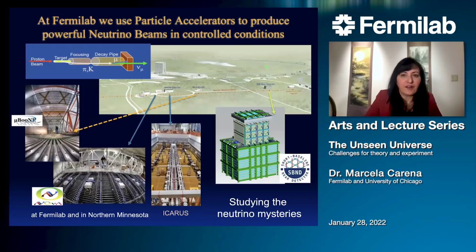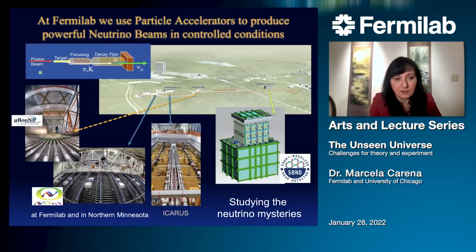Finally, at Fermilab, we use our very powerful particle accelerators to produce extremely powerful neutrino beams in very controlled conditions. And this is very similar to the way we produce the muons. As you see here, we have the protons, a target, a focus area with pions and kaons, for example.